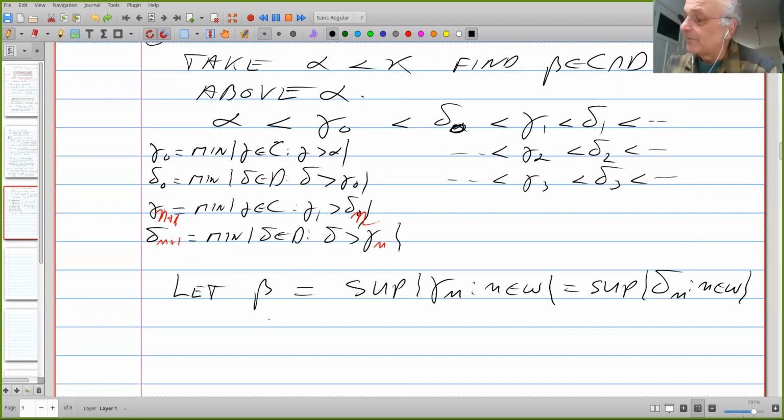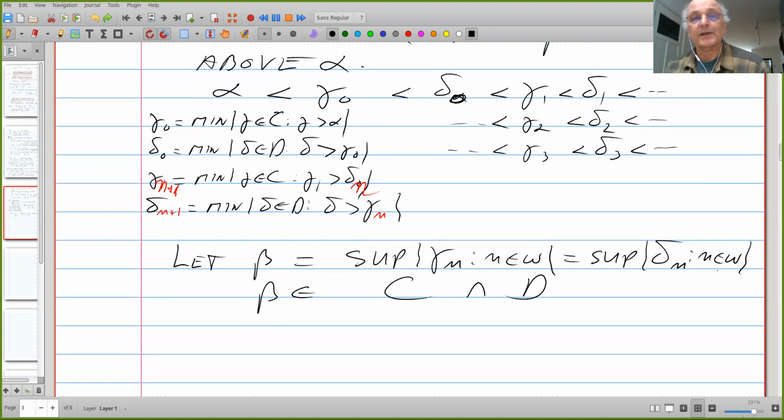And beta belongs to C because it is the supremum of a bounded subset of C. And it belongs to D because it's the supremum of a bounded subset of D in kappa. And there you have it. It's the supremum of this bit, it's the supremum of that bit, therefore it belongs to the intersection.